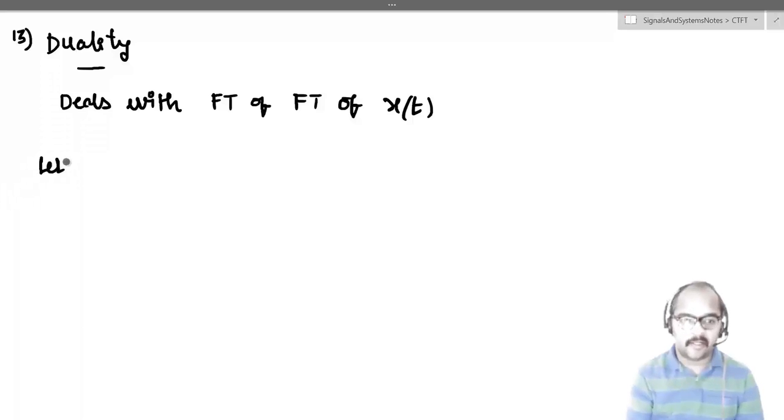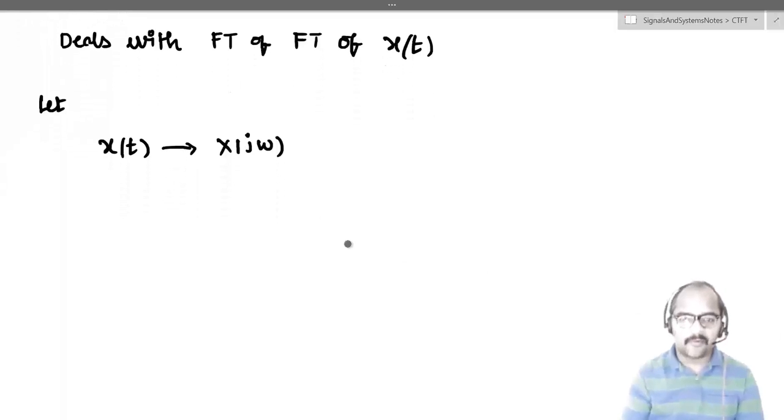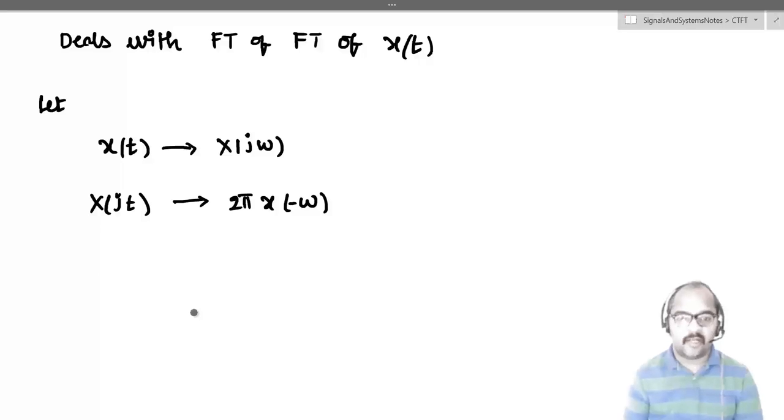So let us write that down. Let x of t have X of j omega as the Fourier transform. Now you replace omega with t, so you get a function in the time domain, and if you take the Fourier transform of that signal, you will get 2 pi times x of minus omega as the Fourier transform.